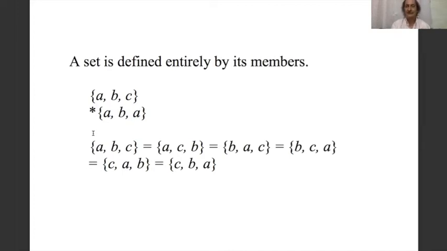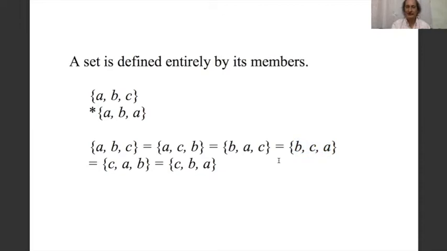Now, because sets are defined by their members, the only thing that counts is what things are in the set and what things are not. The order in which we write the elements doesn't matter. I can say the set containing A, B, C, and I can put those elements in the order A, B, C, or I can put them in this order, A, C, B, or BAC, or BCA, or CAB, or CBA.